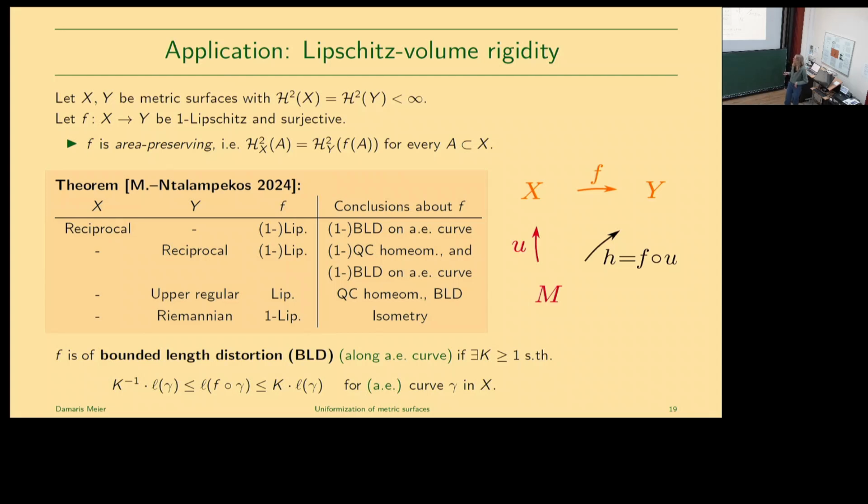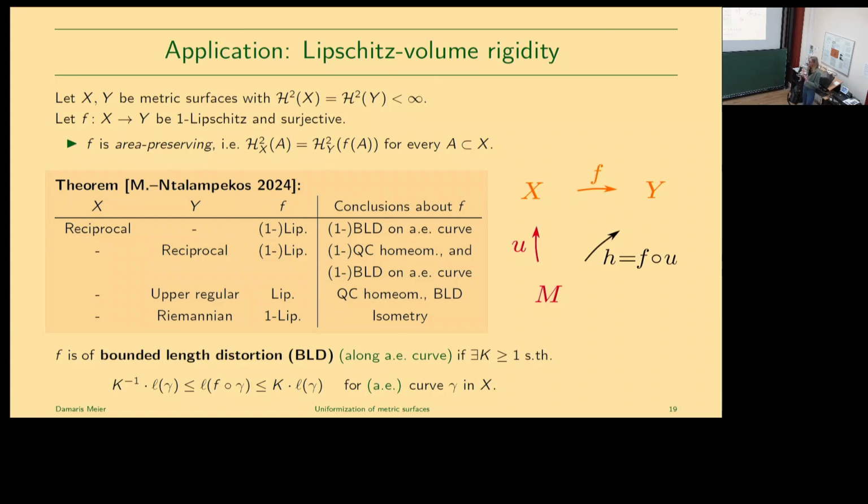Okay, now what we prove is the following theorem. I displayed it as a table, because what the map upgrades to depends on the assumption we put on X or Y. We always assume that F is Lipschitz and area preserving.